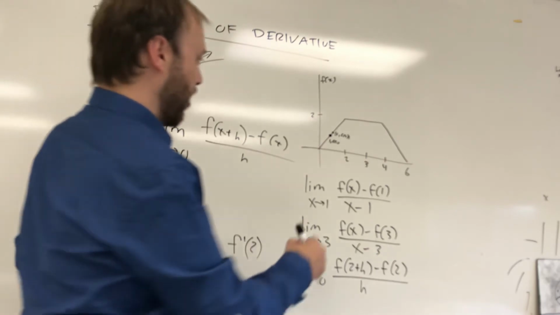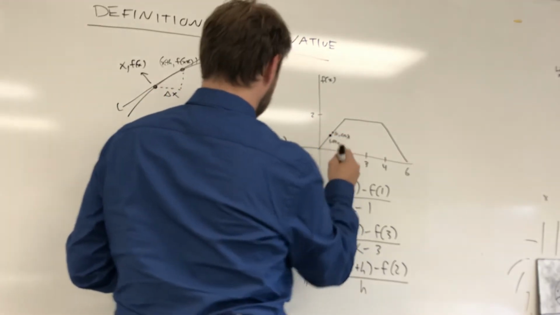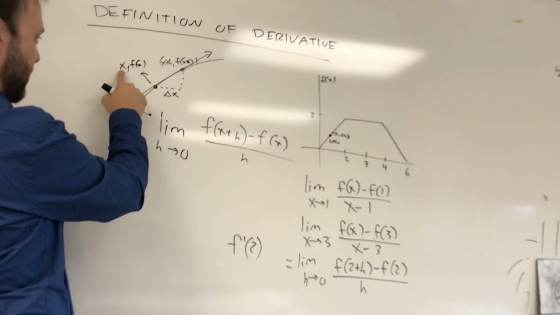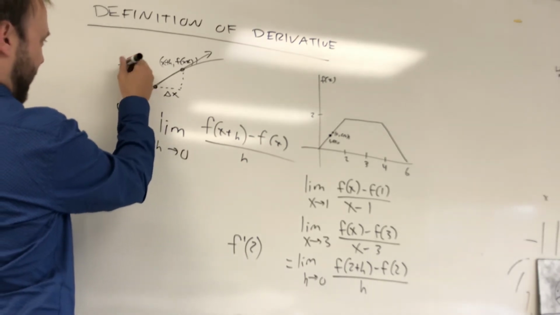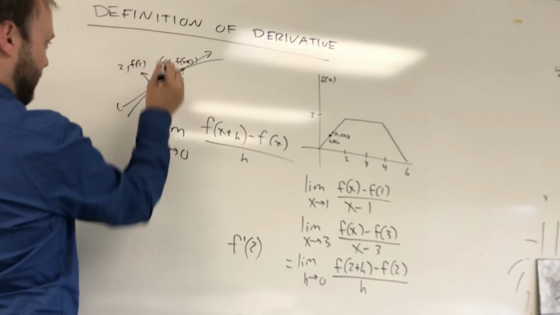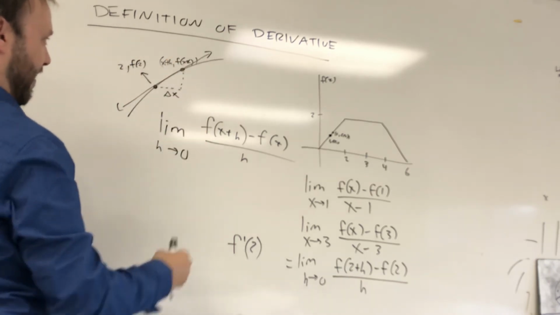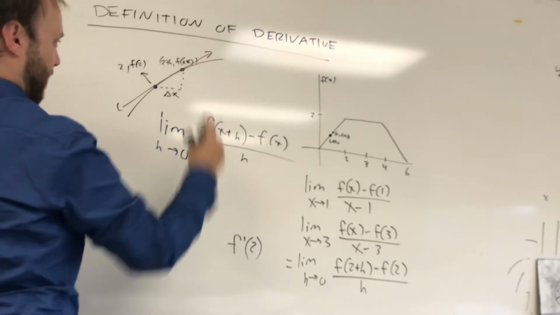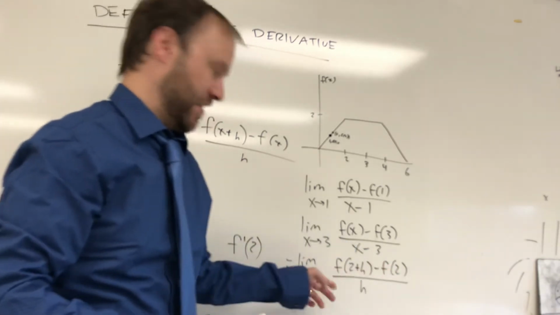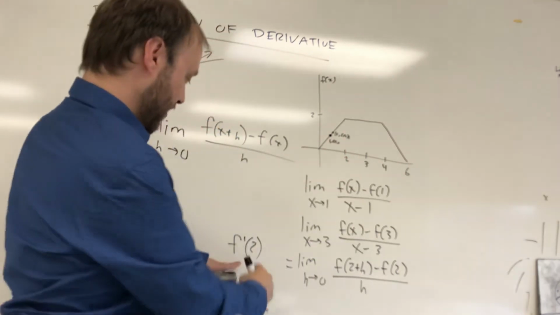In other words, they're starting at the point where x is equal to 2. So instead of x, f of x, they are starting at 2, f of 2, and then they're going to this point over here. And so that would be 2 plus h, and that would be 2 plus h right there. And that's how you get the equation with a 2 there instead of an x. But you're just taking the derivative at 2.